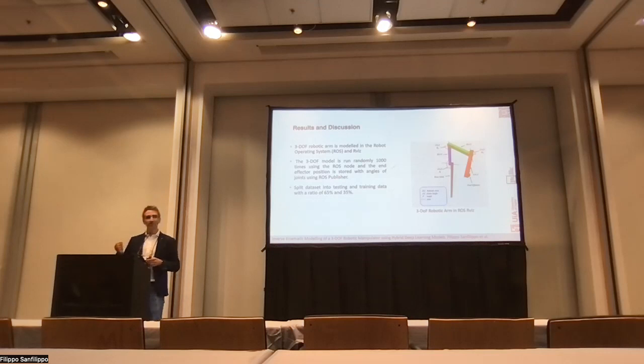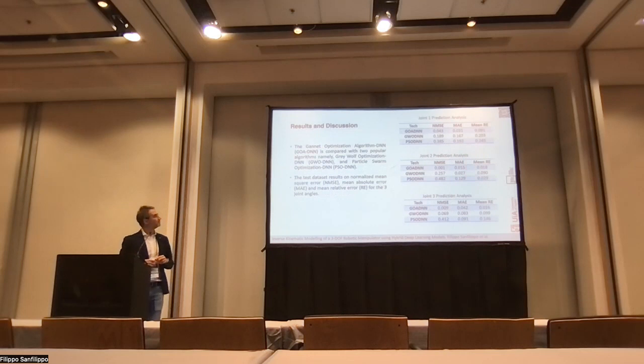Together with Gazebo, we use a tool called RViz, or ROS visualizer, which allows us to collect these setting points. So we randomly generate 1,000 points inside the simulator, and we split the data set into testing and training data with a ratio of 65 and 35%. So it's basically a quite straightforward approach.